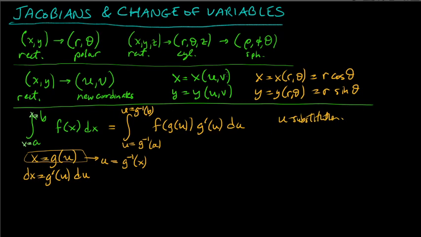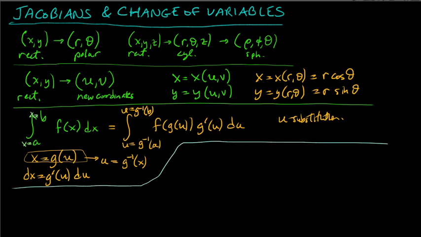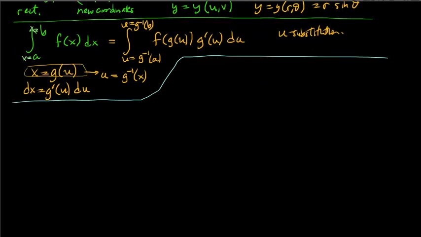But in 2 or 3 variables, it's just a change of variables. It's a more general change of variables. So let's see how that works now. Instead of a single integral, it's now going to be a double integral over some region R of the xy plane of some function f of x and y, dA, where dA could be dx dy or dy dx, depending on if it's a vertically simple or horizontally simple region.